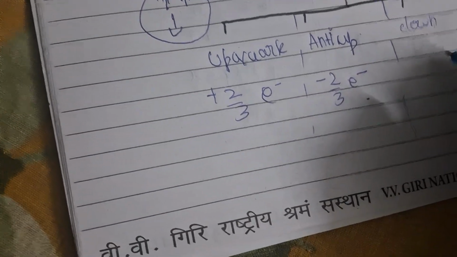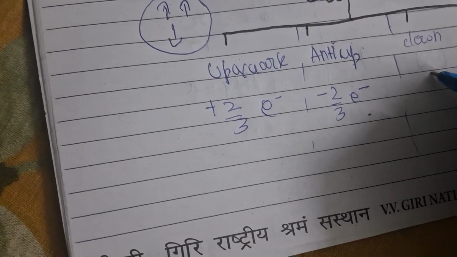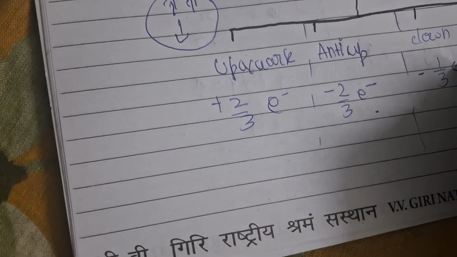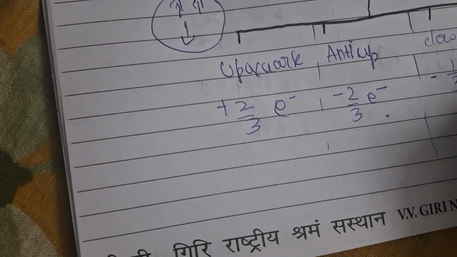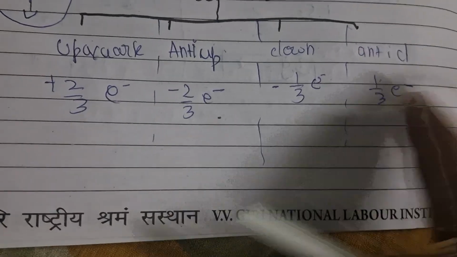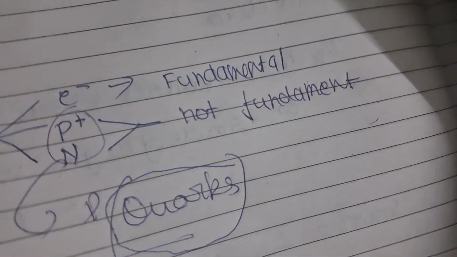And down quark is equal to minus 1 by 3 charge on electron. And anti-down is equal to plus 1 by 3 electron charge.